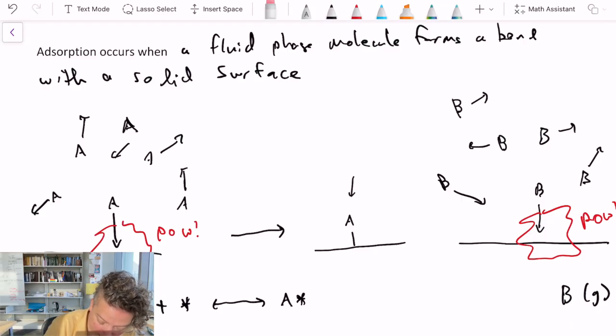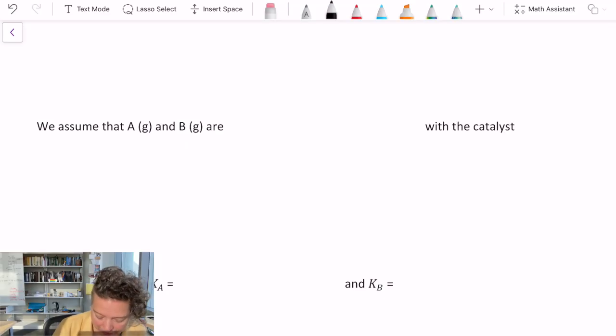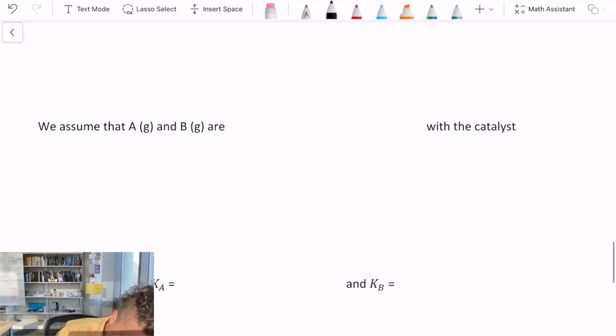So in these cases, the fluid phase molecules, the gas phase molecules A and B, are forming a chemical bond with the surface. When we're thinking about catalysis, one assumption that we make is that the gas phase molecules, A gas and B gas, are in equilibrium with the catalyst.